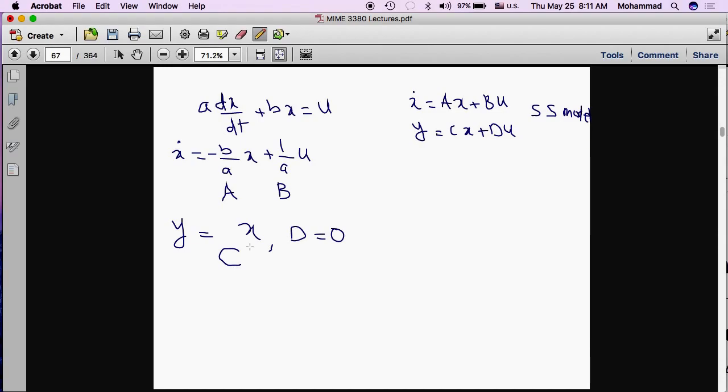So y is equal to x plus 0 times u. So C is 1 and D is 0. So we found now the last two that we needed to know to have a complete state space model. So again, let me repeat by saying that having a state space model means having A, B, C, and D, the capitals. Once you have them, you have your state space model.